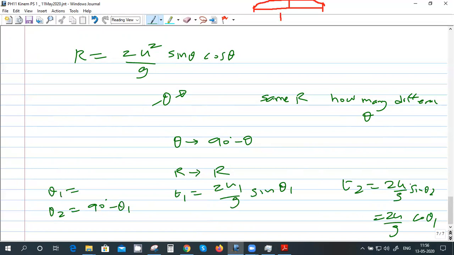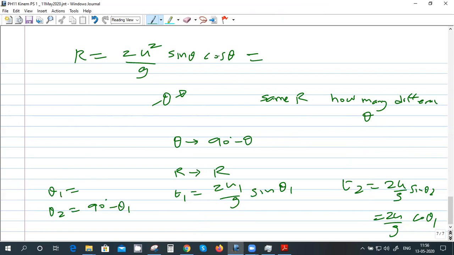Here, u and g are constants. So you have u cos theta 1 and u sin theta 1.